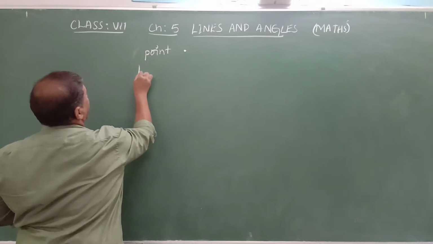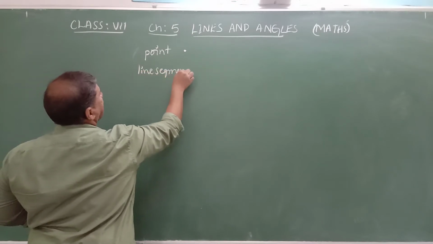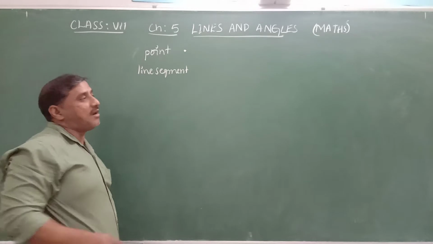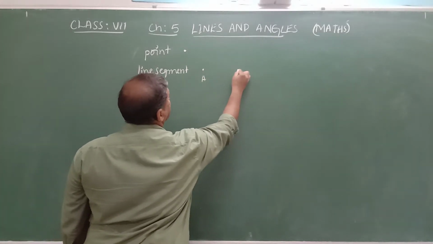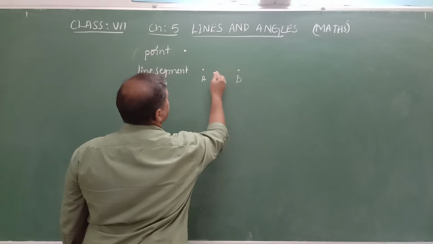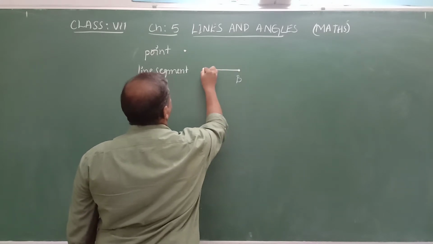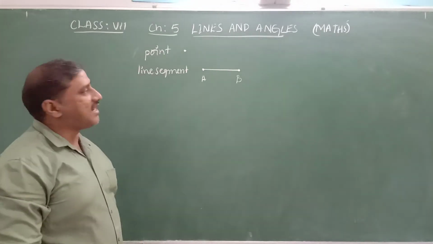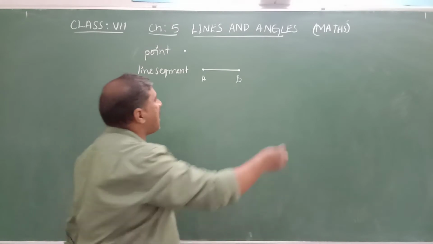And then the line segment. What is a line segment? A line segment has two end points. Let this be one point A and this be the other point. By joining these two points, we get a line segment. This AB is the line segment where A and B are end points. So how many end points are there?